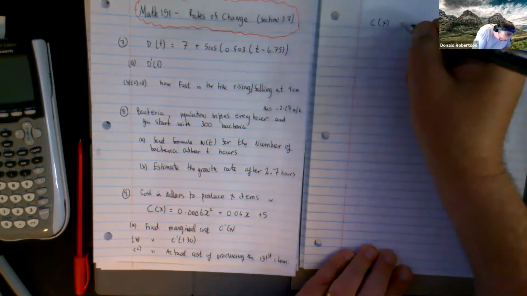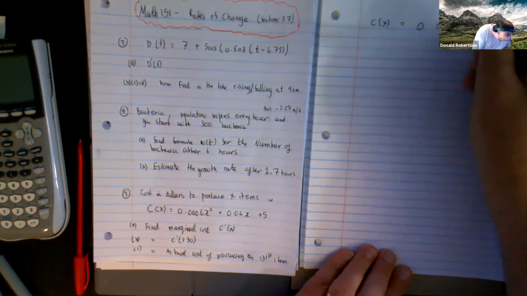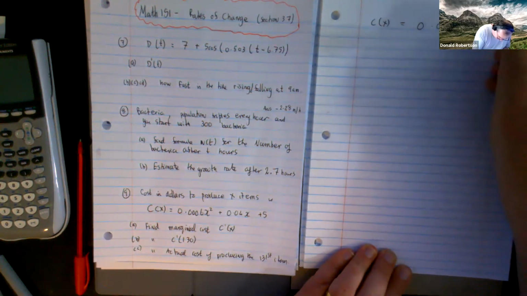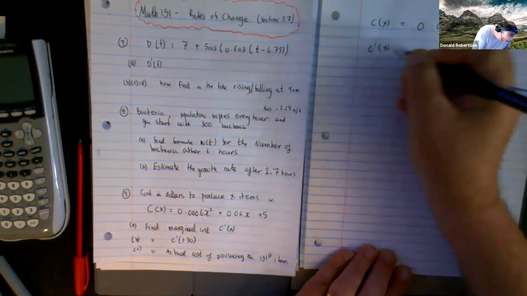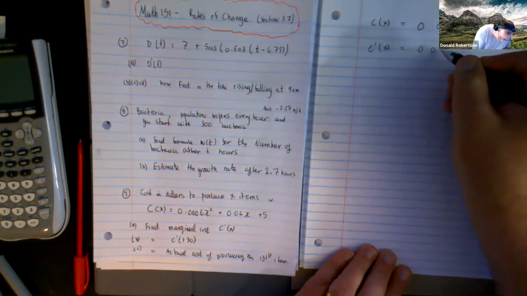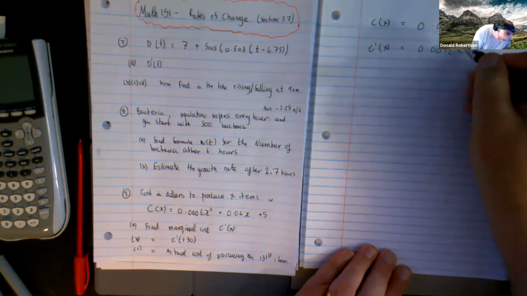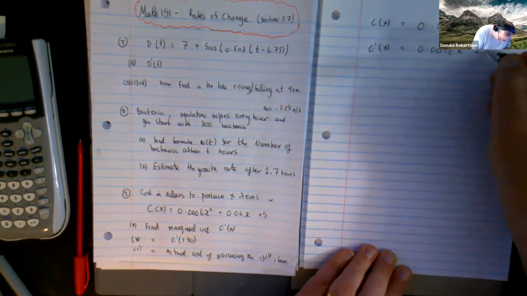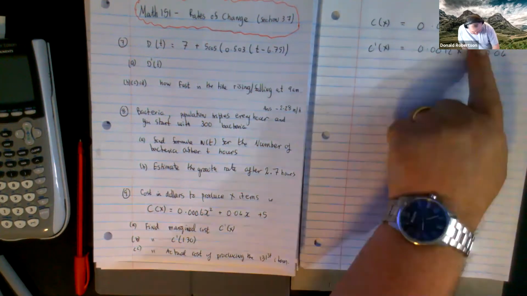So if you give me any function at all, and you ask for its rate of change, I recognize that as you having just asked me to find its derivative. In this case, 0.0012x plus 0.04. Just horrible numbers.